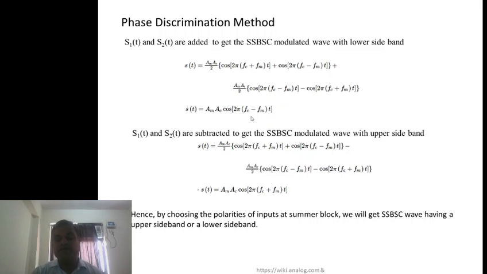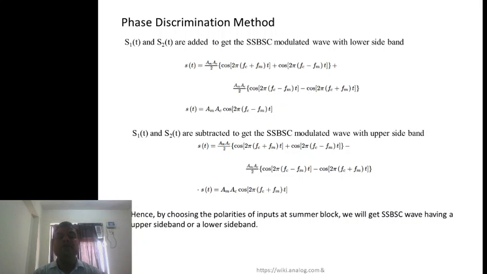So the phase discrimination method is more popular in comparison to the frequency discrimination method. But if you are able to use the complicated circuit, then we also prefer the frequency discrimination method of single sideband suppressed carrier generation. So that is all about how to generate single sideband suppressed carrier.